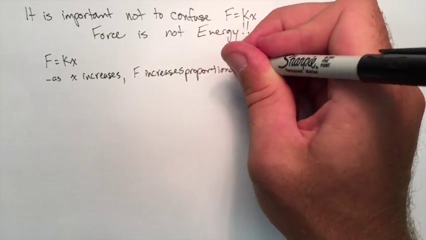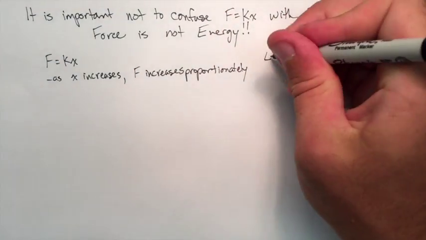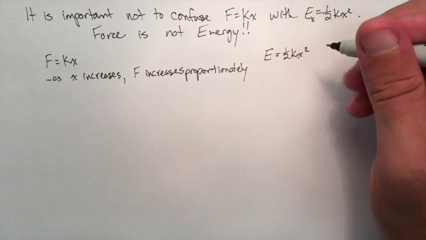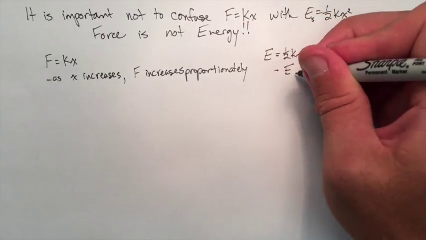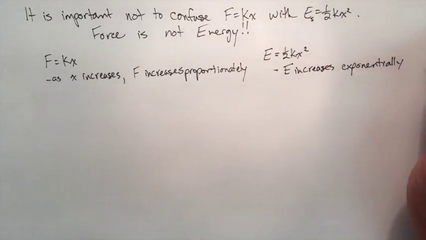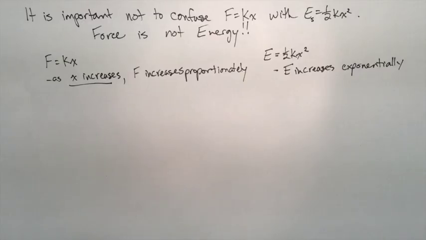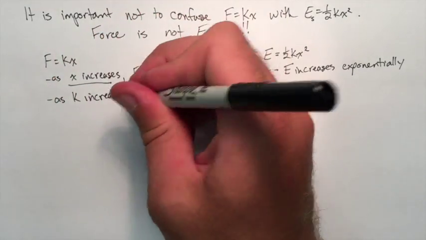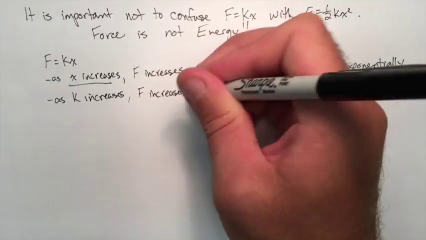That means if x is doubled, the force is also doubled. But for energy, we have a different relationship. If x is increased, the energy will increase exponentially. So if we double that stretch, the energy will quadruple.